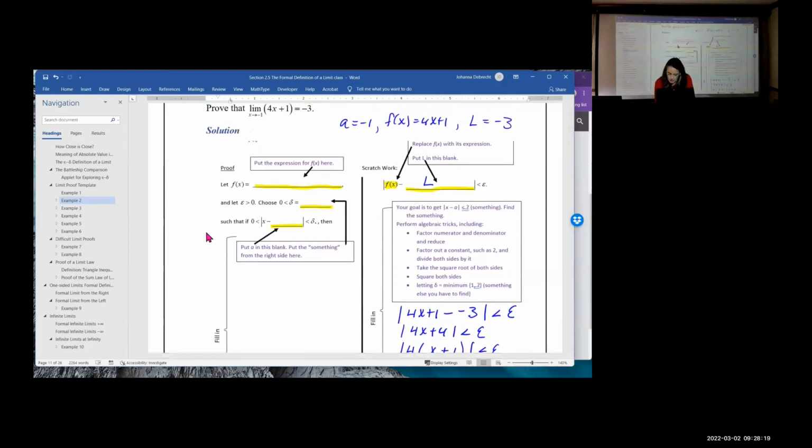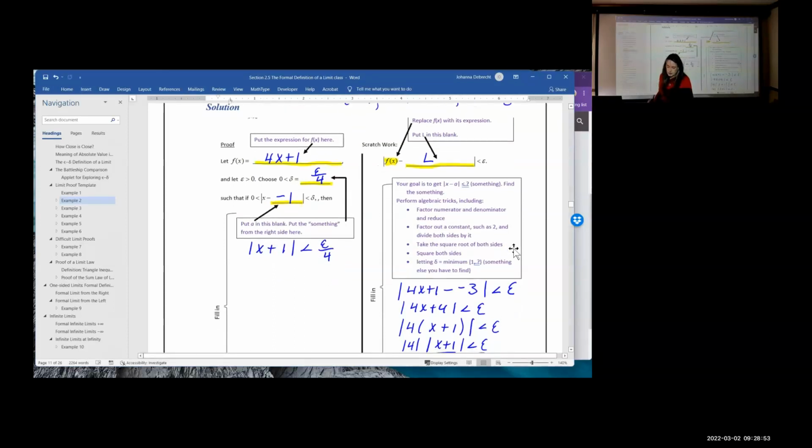So let f of x be 4x plus 1, and let epsilon be greater than 0 as a distance. Choose delta to be greater than 0 as a distance, equal to epsilon over 4, such that if 0 is less than the absolute value of x minus a, which is -1, less than delta, then we have the absolute value of x plus 1 less than epsilon over 4.